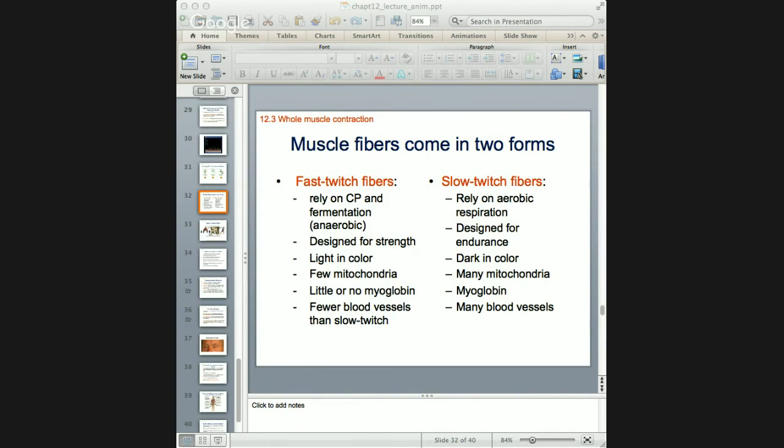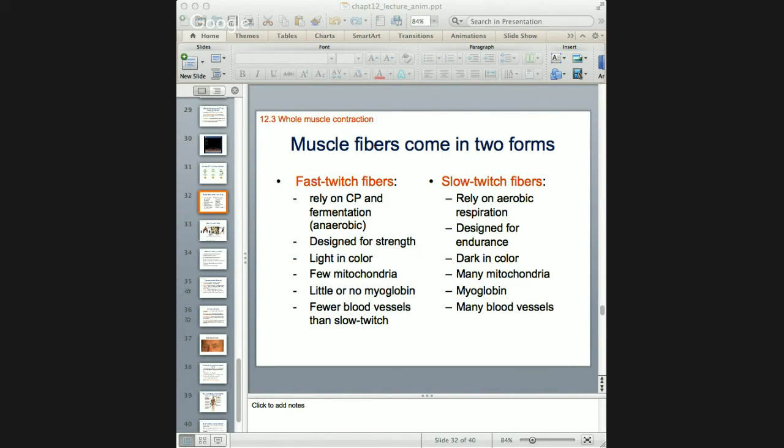This ATP is produced without oxygen being necessary. So fermentation and the creatine phosphate pathway do not require oxygen in order to produce ATP. However, the slow twitch fibers require oxygen.